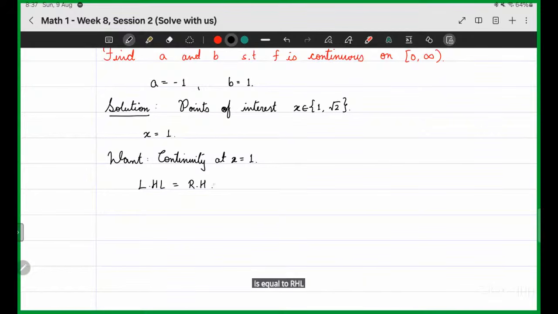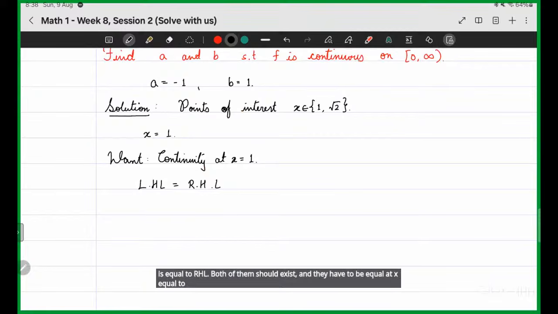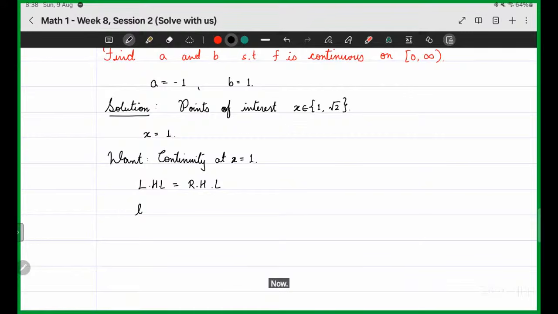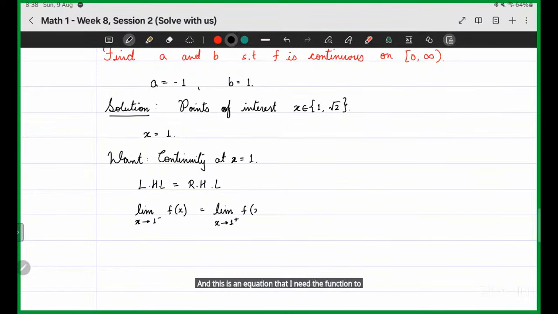Both of them should exist and they have to be equal at x equal to 1. I'm just skipping that part. Now, what is the LHL at x equal to 1? This is an equation that I need the function to satisfy. Also, I believe that f(1) also should be equal. Right, of course. Sorry. Yeah.